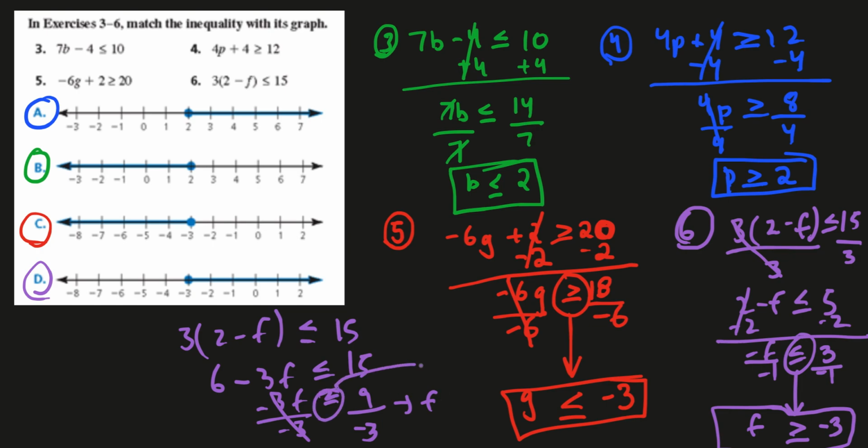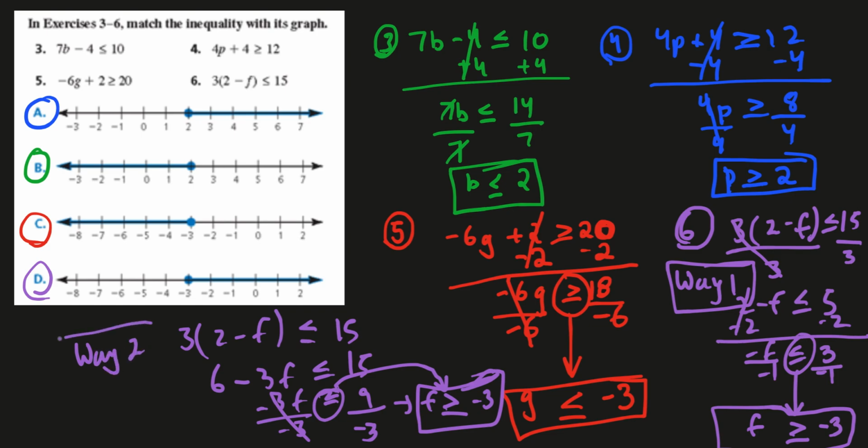Don't forget, sign switches. This is greater than or equal to -3. Same thing. So this is way 1 to do it, and then this is way 2. And that's it. Hope you found this video helpful.